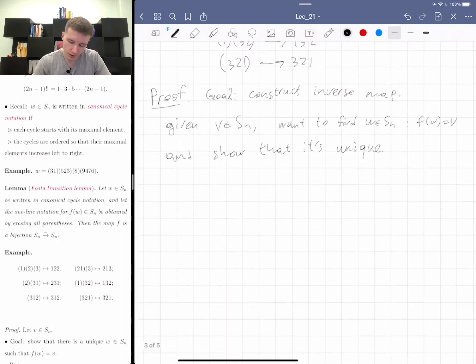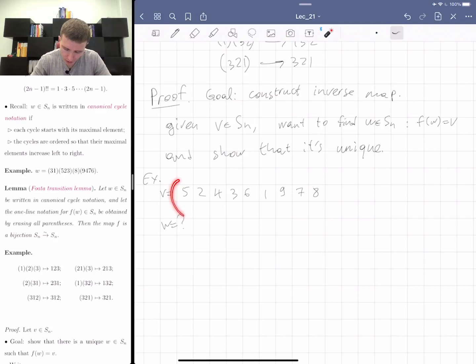Okay, so maybe let's try some example. Maybe I just write down a random permutation. Maybe V in one line notation is 5, 2, 4, 3, 6, 1, 9, 7, 8. So that's V, and then the question is, what is W? How do you find the cycles?